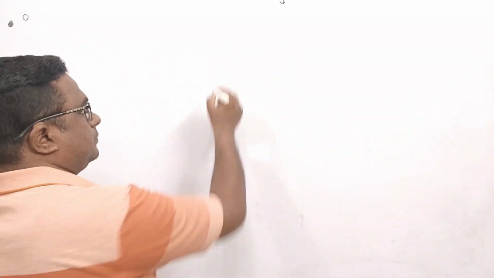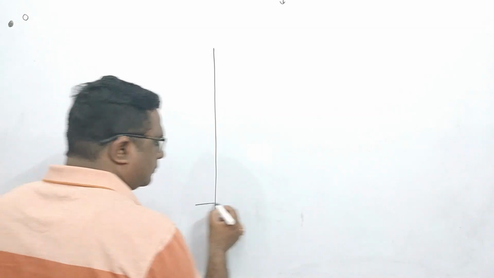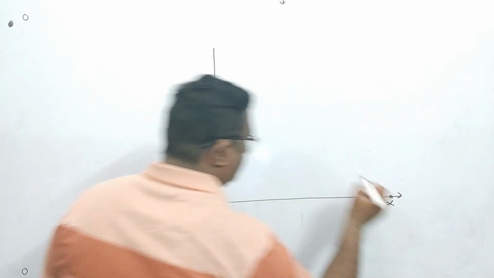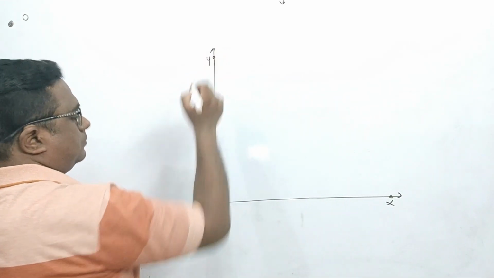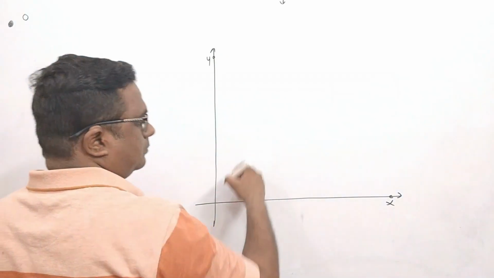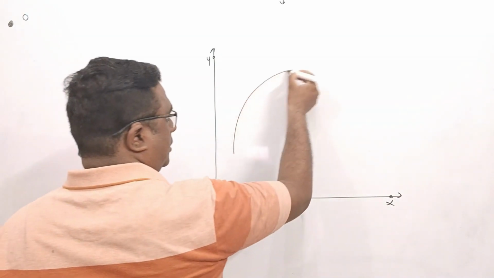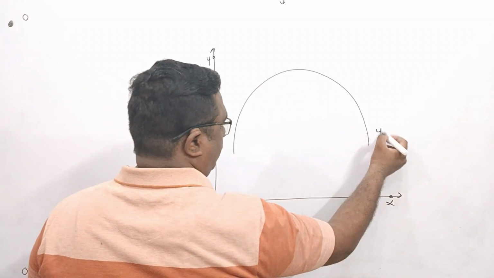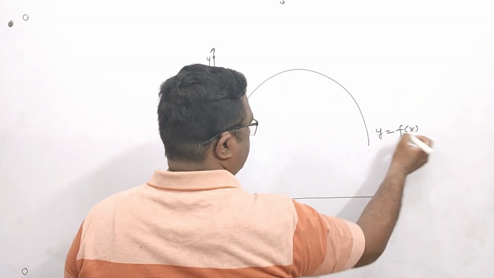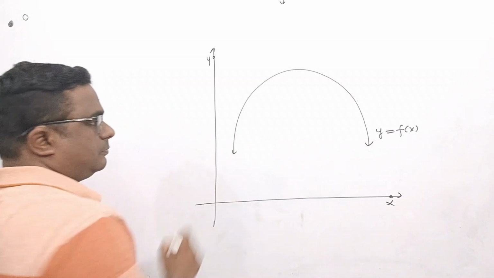Now I will explain this theorem geometrically, and we call it the geometrical representation of Rolle's theorem. Now see this. Suppose it is the graph of some function y = f(x). Is that clear?